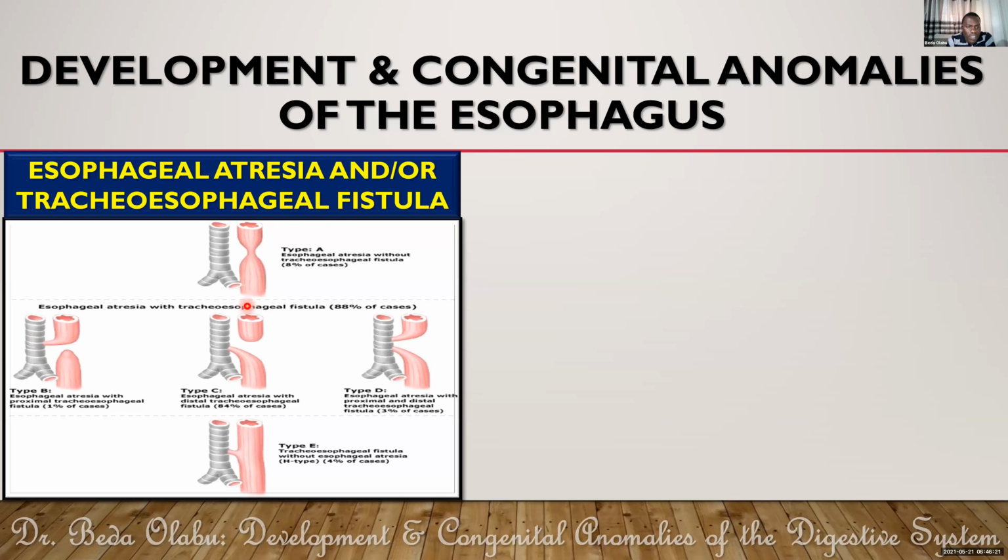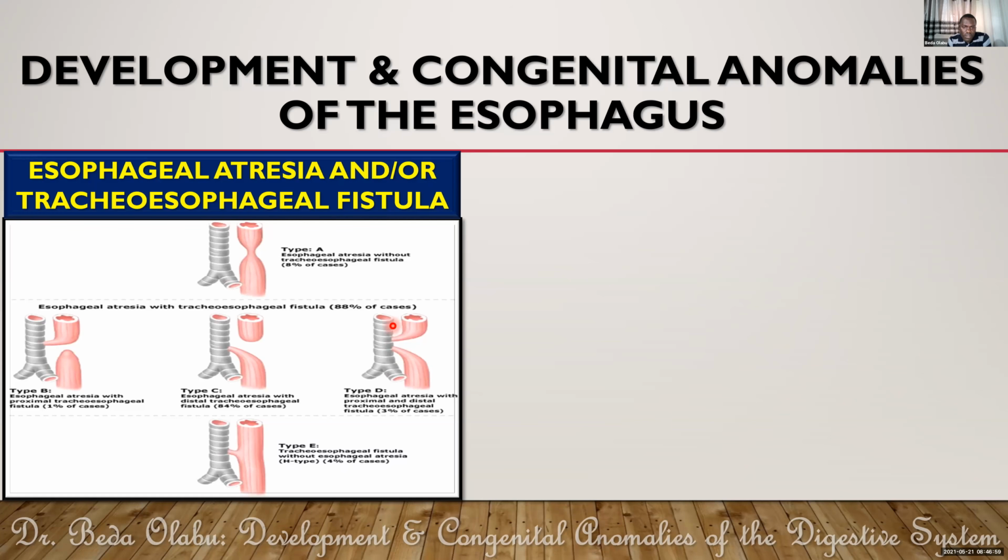Let's look at type C. And type C is the commonest that I want you to remember at least. So type C is esophageal atresia, you now understand what that means, with a distal tracheoesophageal fistula. And let's look at type D. There is still esophageal atresia here, if you understood what I told you, that there is lack of continuity of the tubular lumen of the esophagus.